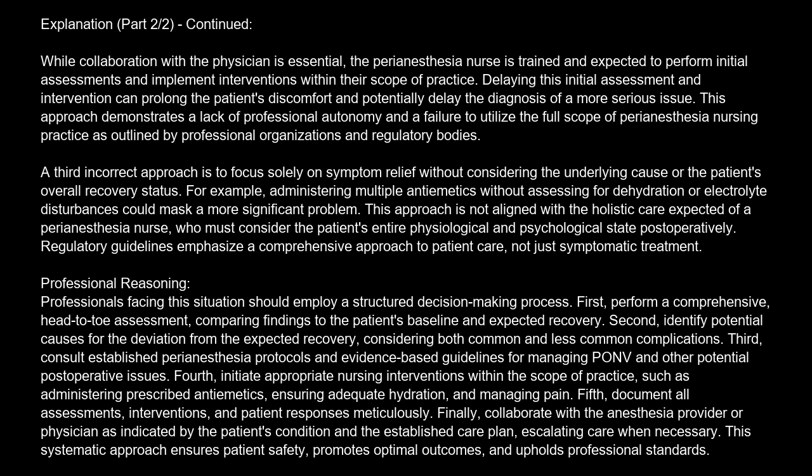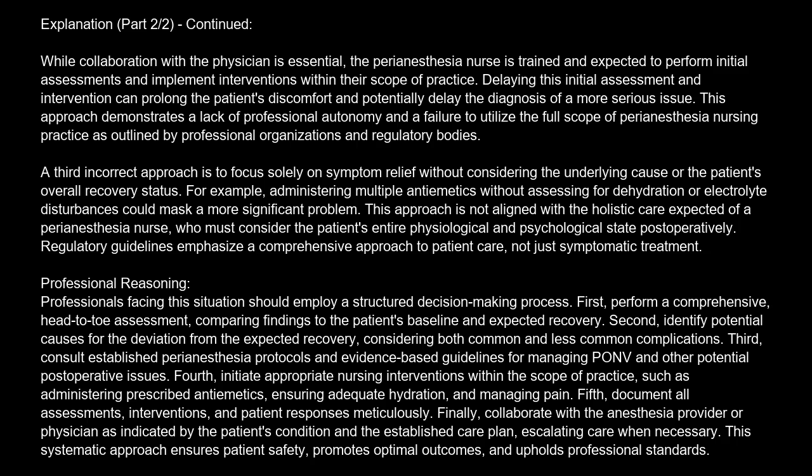Professional reasoning. Professionals facing this situation should employ a structured decision-making process. First, perform a comprehensive head-to-toe assessment, comparing findings to the patient's baseline and expected recovery. Second, identify potential causes for the deviation from the expected recovery, considering both common and less common complications.